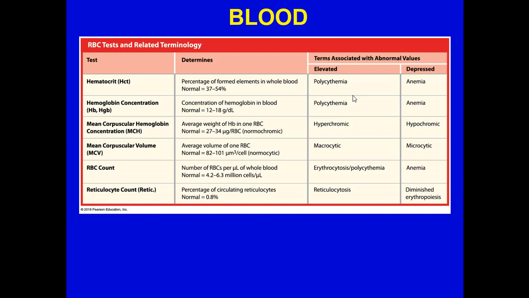If one has depressed numbers, you see anemia, and that can be caused from a variety of factors, everything from radiation exposure to nutritional deficiencies. We'll go into a little bit of that later on.